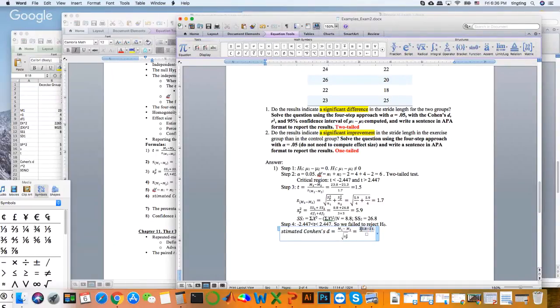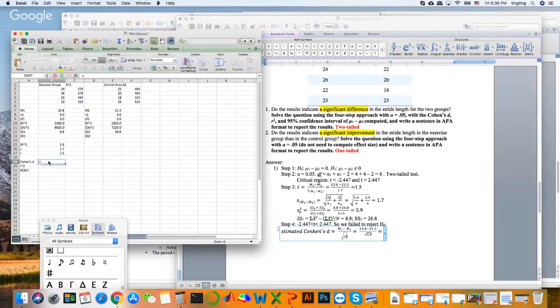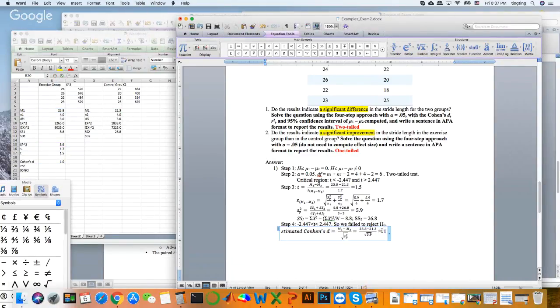Minus 21.3 divided by the square root of the pooled variance, which is 5.9. And do the computation. So minus this one divided by the square root of the pooled variance, which equals 1.